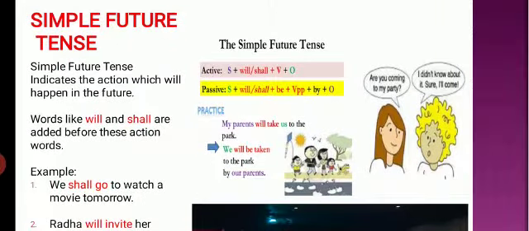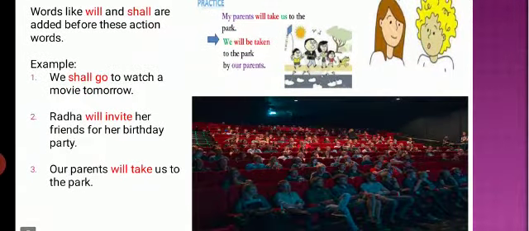We move on to the next tense, that is the simple future tense. Simple future tense indicates that the action will happen in the future. Words like will and shall are added before these action words. For example, we shall go to watch a movie tomorrow.